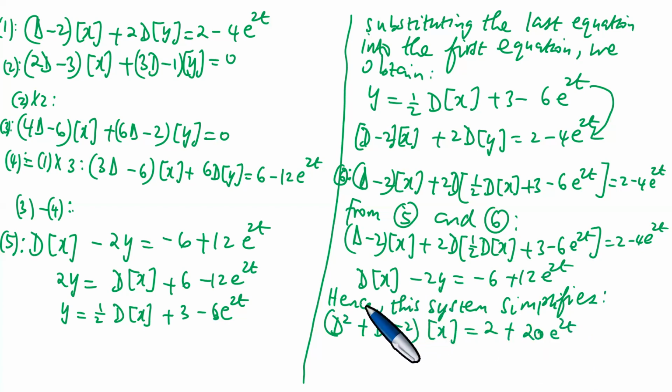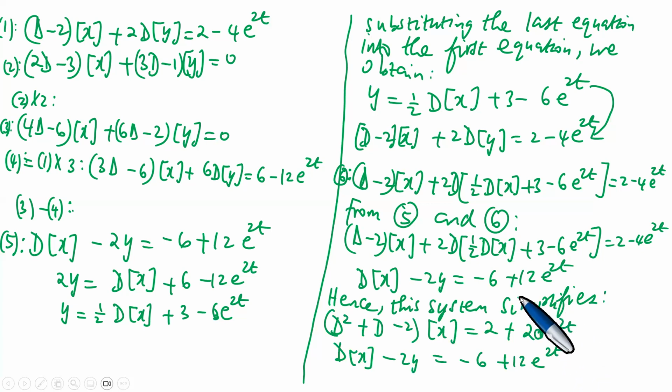Then at the bottom, you have the D operator on x minus twice y, which is exactly this equation, equal to minus 6 plus 12e to the twice t. This is too obvious, but we just need to mention what we did to obtain this result.